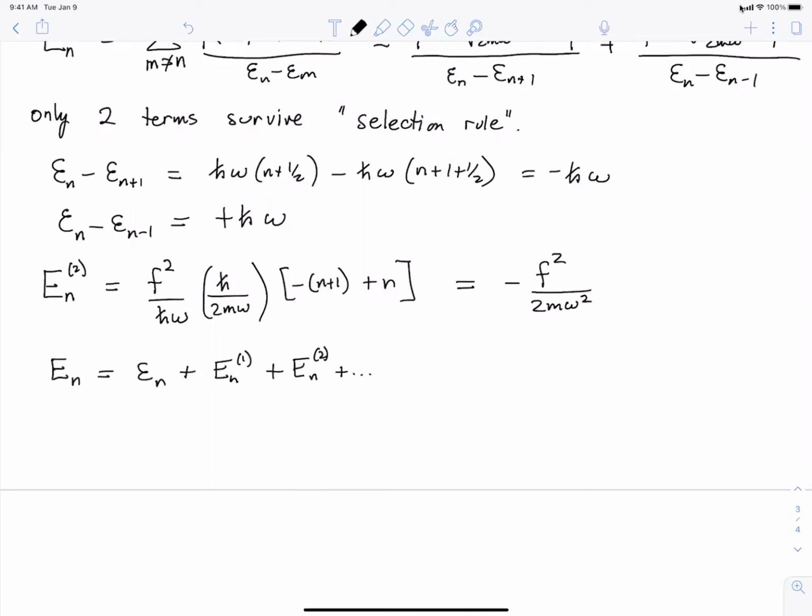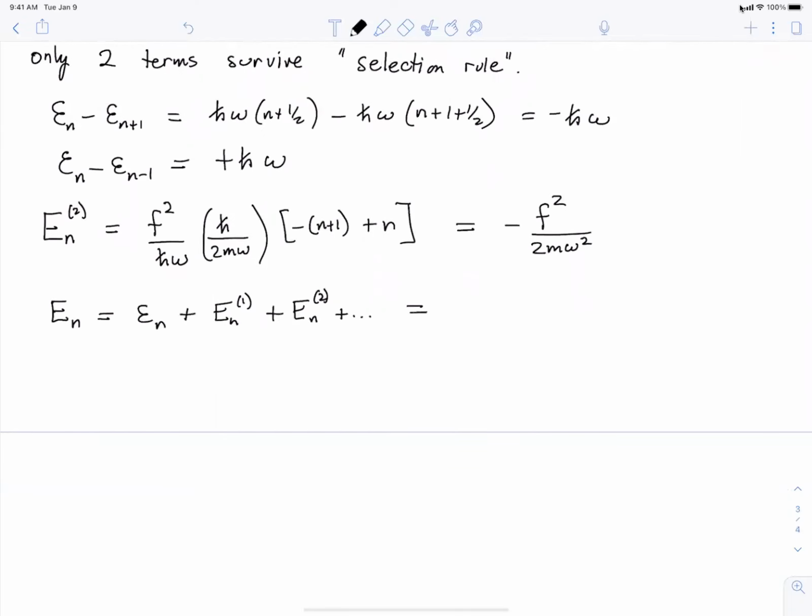Notice I don't have a lambda in here. I've set lambda to 1, as mentioned earlier. So this is h bar omega times n plus 1/2, minus f squared over 2m omega squared, plus things that go as higher order powers of f.